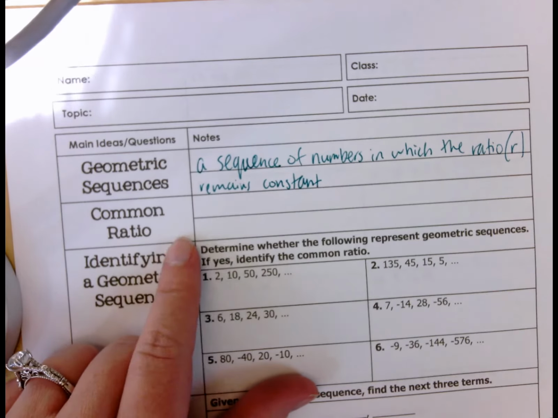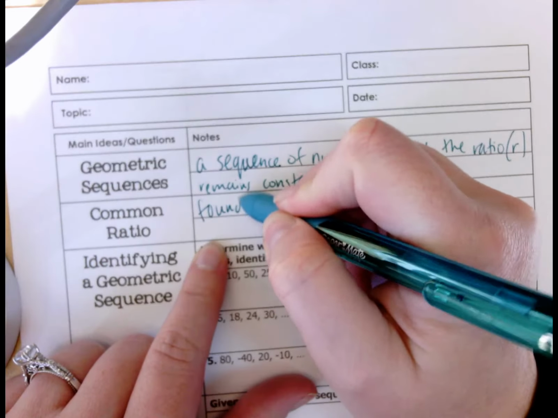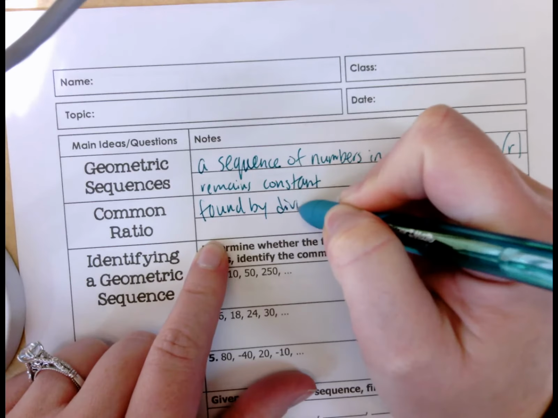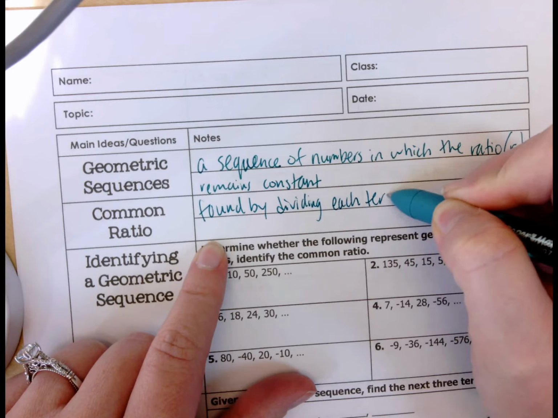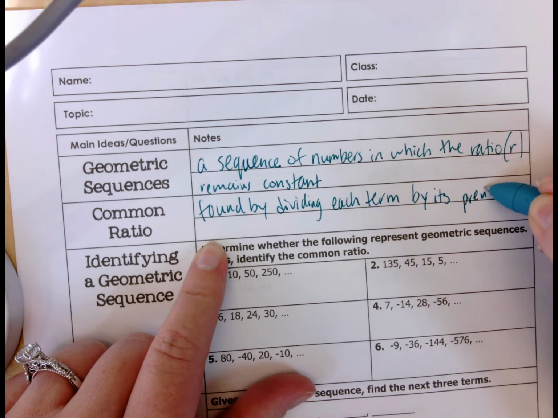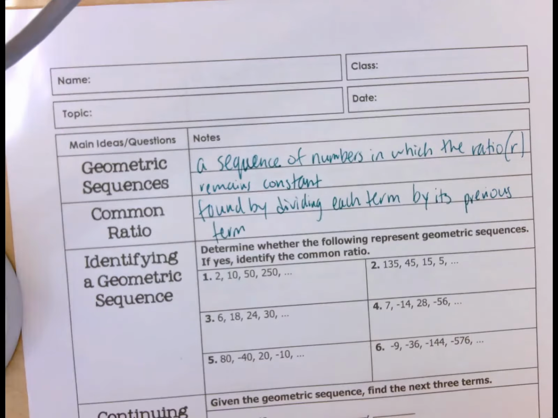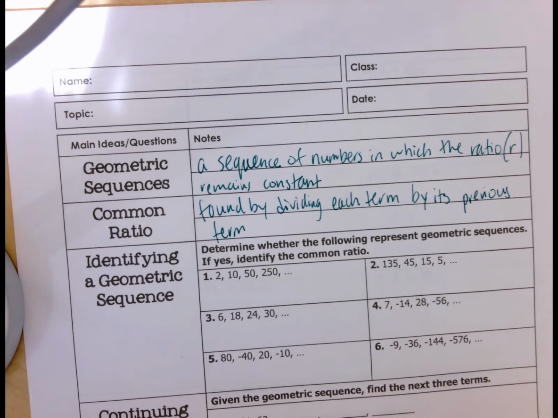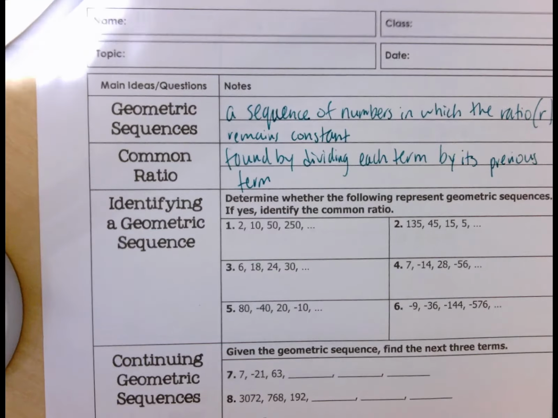Now the common ratio, the definition of that, is found by dividing each term by its previous term, and it's important to divide the term by the previous term in order to find the ratio, otherwise you're not going to have the correct ratio. Just remember this is all review from what we've been doing.